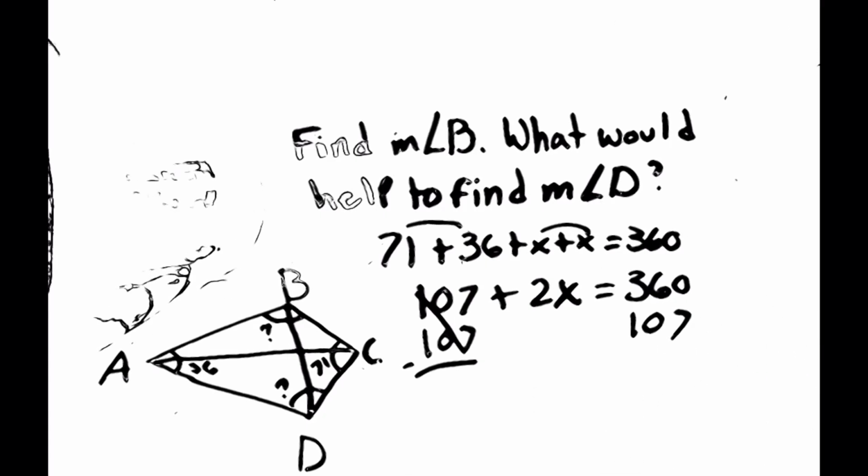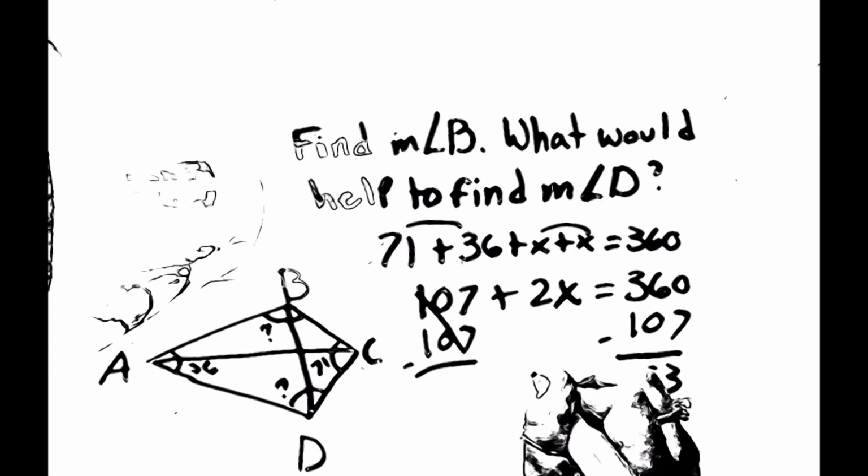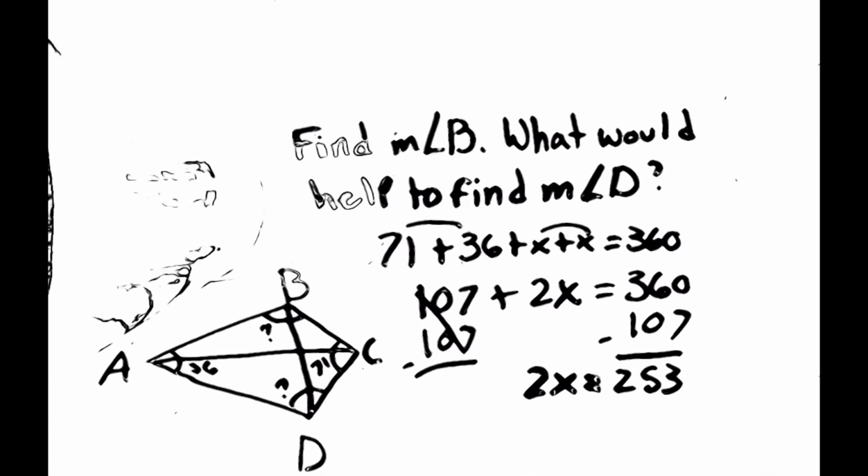Then we subtract 107 from 360, which would be 253. So our equation looks like that. Now, the 2 over there, divide 253 by 2, so x equals 126.2. So we have the first part of the question done.